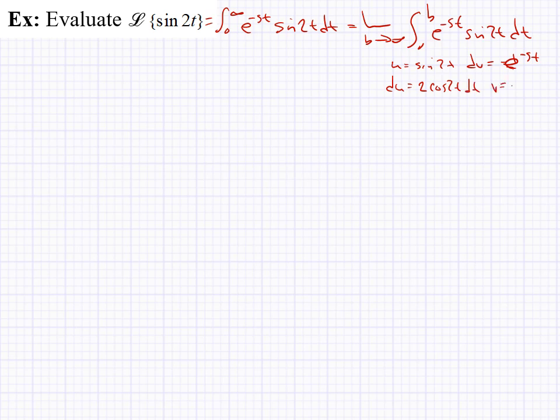And v would be negative 1 over s e to the negative st. And so we end up getting the limit as b goes to infinity of negative 1 over s e to the negative st times sine of 2t minus the integral of v du, so that becomes plus the integral of 2 over s e to the negative st cosine 2t dt.